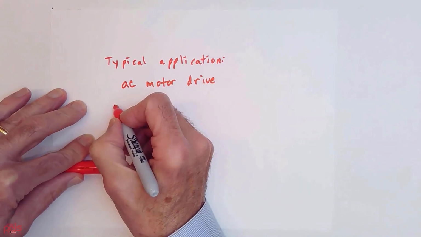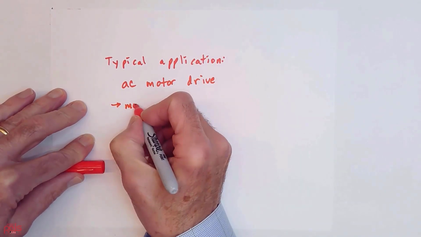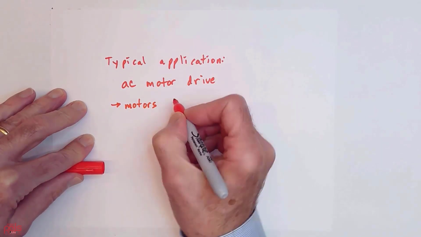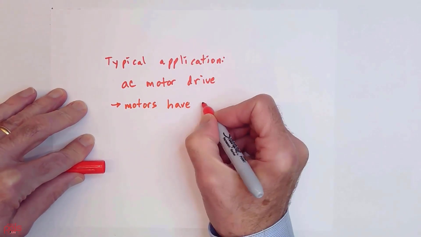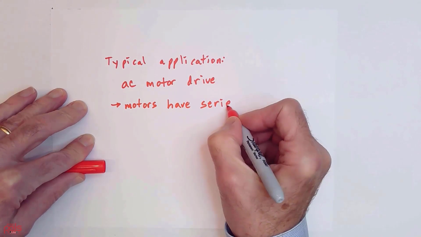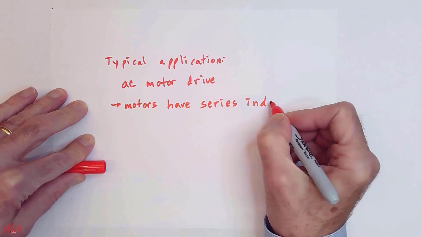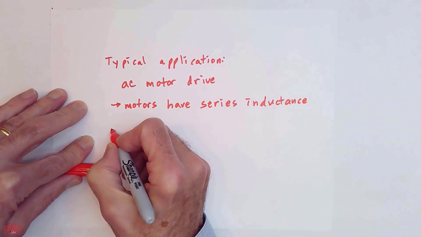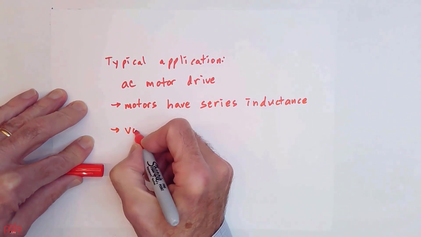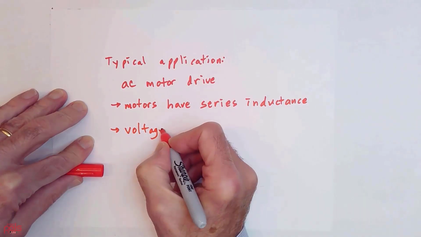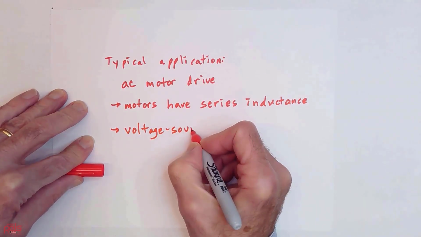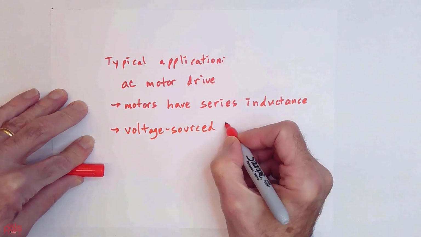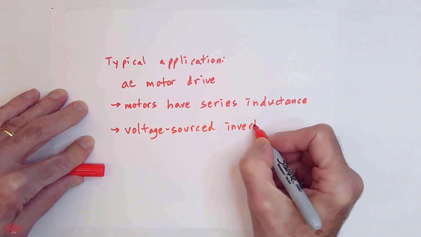And because in general motors are inductive, it means that the voltage source inverter basically seems like a natural way to do things.